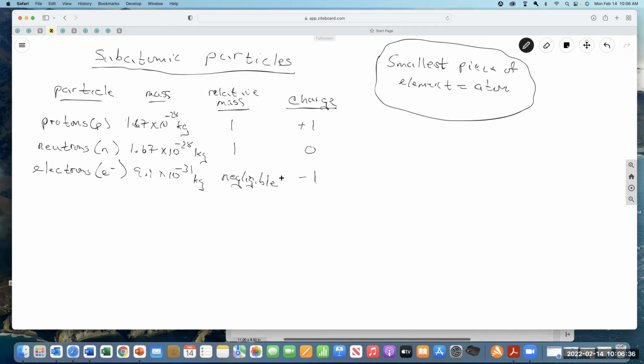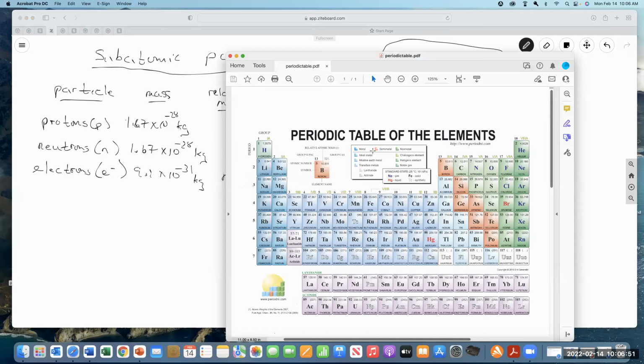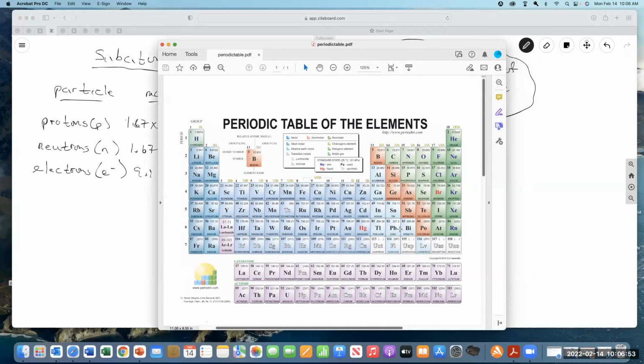Exactly. All electrons are the same. All neutrons are the same. All protons are the same. So the smallest piece of an element that still has all the properties of that element is an atom. So if I took, let's just use lead and gold again, an electron from lead and an electron from gold, and I held them in my hand, and shook them up and put them back, it wouldn't matter which was which.